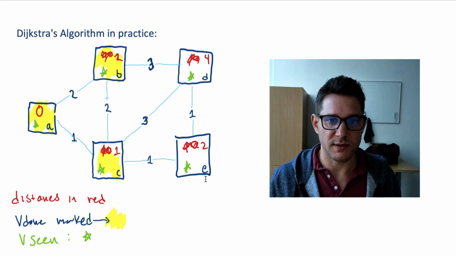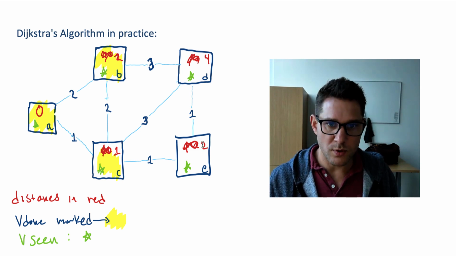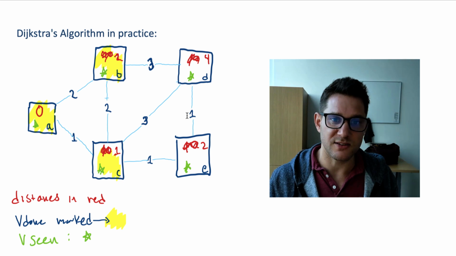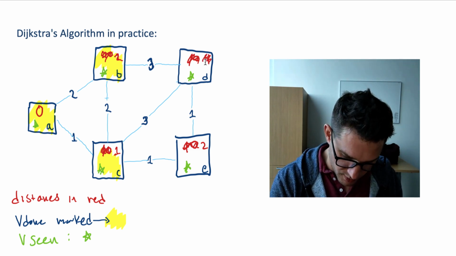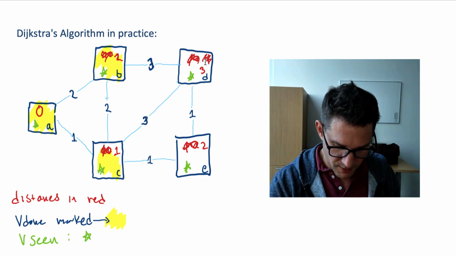So currently, E has only one neighbor, that is neighbor D, and we ask ourselves, is the distance 2, which is E's current estimate of the distance to the root, plus the edge weight 1, a shorter path than D's current best path, which is 4? And it turns out it is. 2 plus 1 is less than 4. So we now erase this 4 and we write 3, because that's a better path.